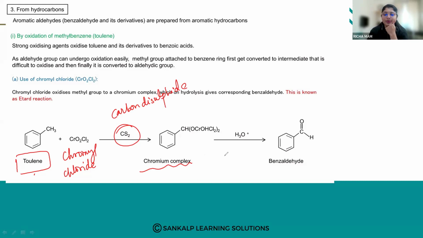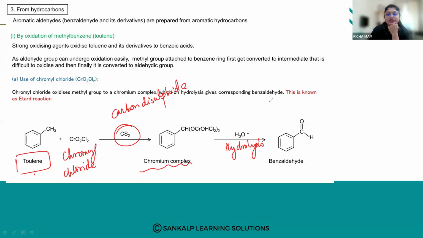This chromium complex will undergo hydrolysis to give you benzaldehyde. So CrO HCl2 twice, this is a chromium complex.